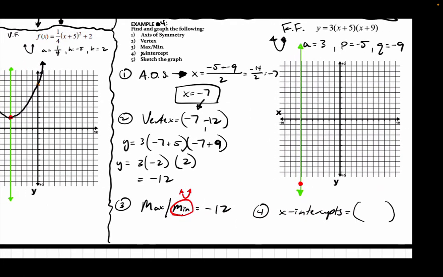P, comma 0, negative 5, comma 0. 1, 2, 3, 4, 5, right there. Q, comma 0, negative 9, comma 0. Connect the dots.